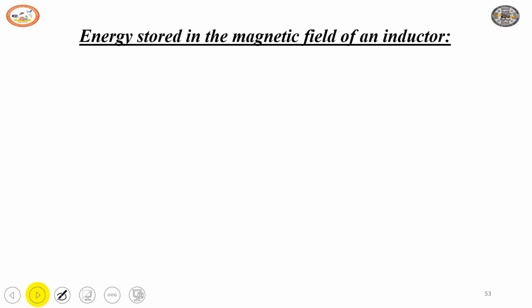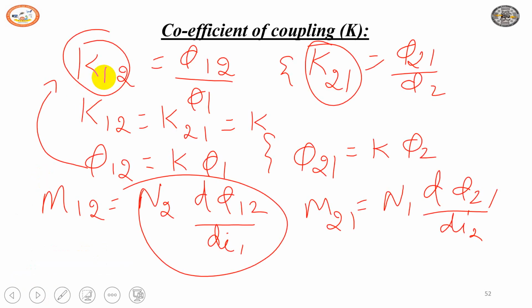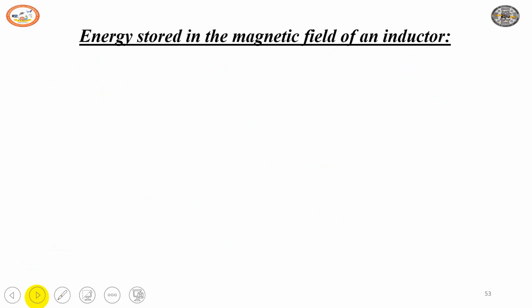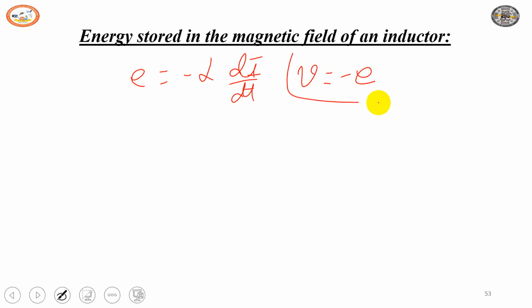We all know the induced EMF here is E is equal to minus L into di by dt. This opposes the voltage, so we can write V is equal to minus E, because the induced EMF opposes the voltage.